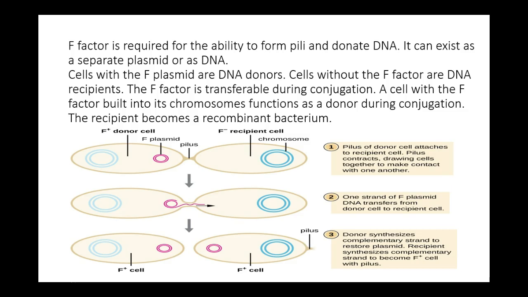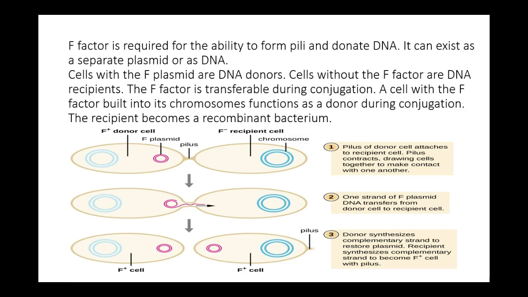The F factor is for fertility. It is required. It gives that particular donor cell the ability to form the pili and donate the DNA. It exists as a separate plasmid, so it could be a plasmid F factor, or it actually can be incorporated into the chromosome. So it could be a chromosomal F factor.